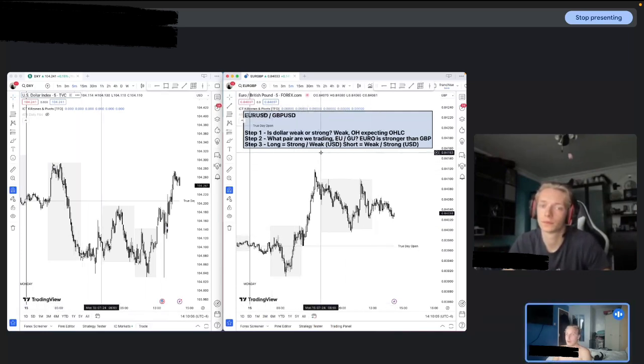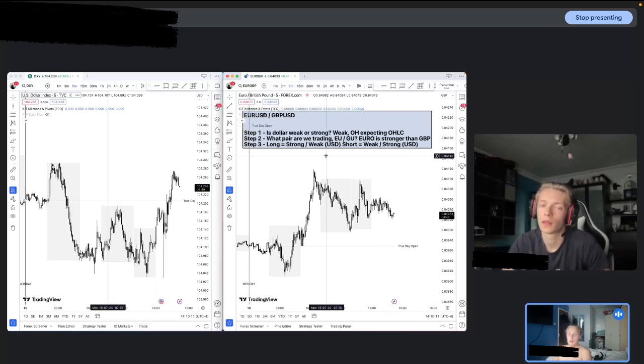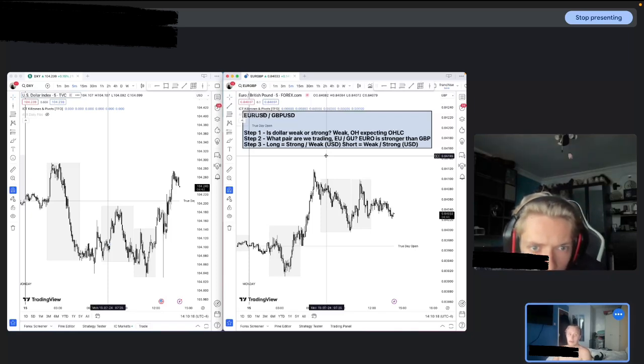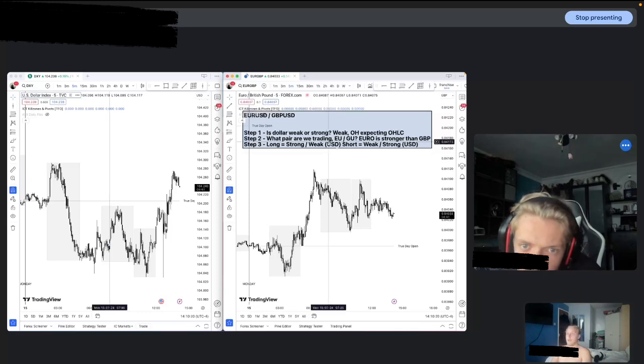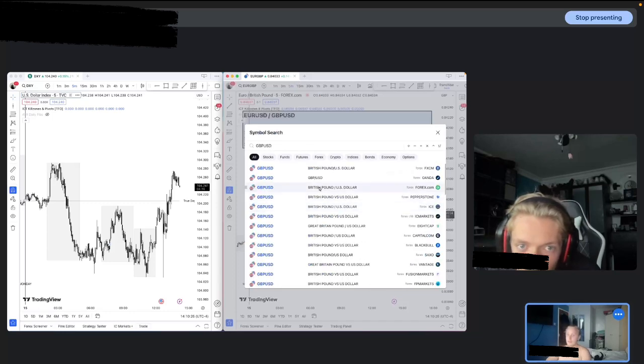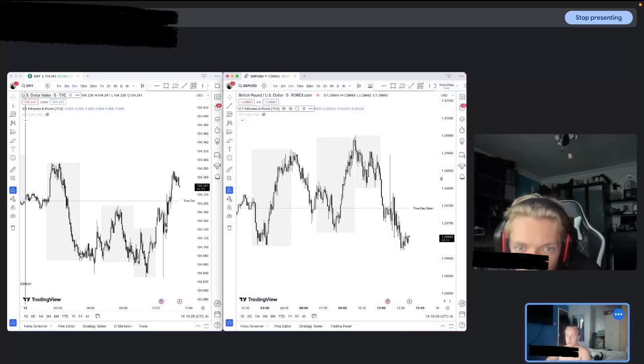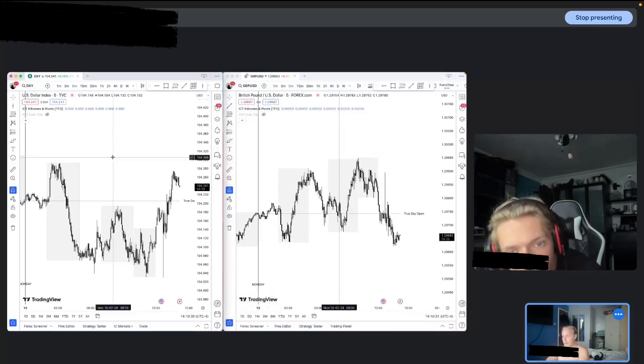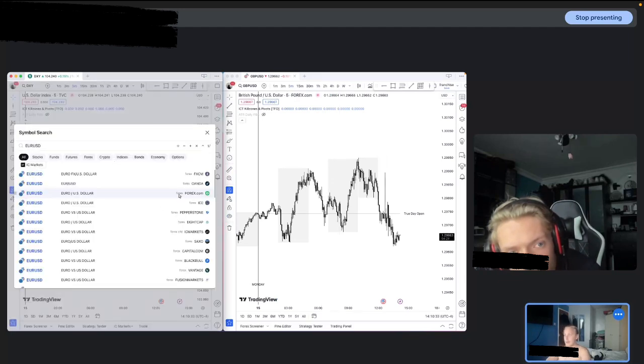So would we rather trade the weak pound against the weak dollar and buy, or would we rather buy a strong euro against a weak dollar? Strong euro against the weak dollar. Perfect. Because we know that the dollar's weaker than GBP. Now go on to GBP/USD, and put this as EUR/USD.